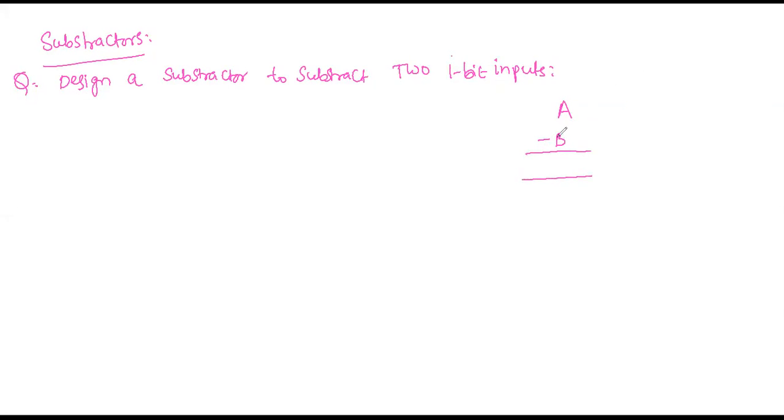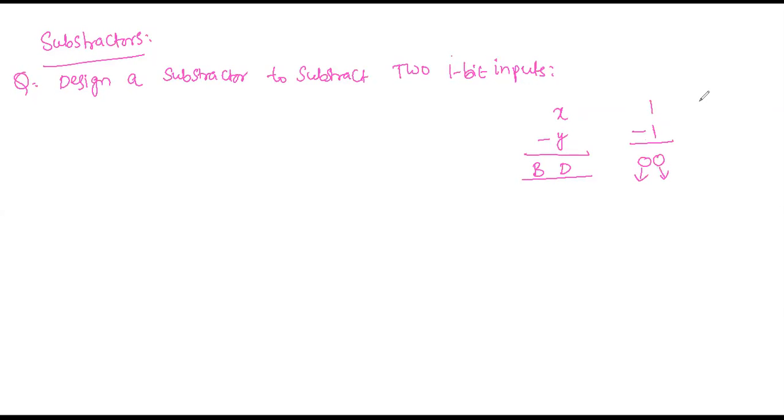Generally, when you are subtracting 1 bit, you will get one borrow and one difference. For example, 1 minus 1: the difference is 0. Are you taking any borrow? No, you are not taking any borrow. So borrow is 0.